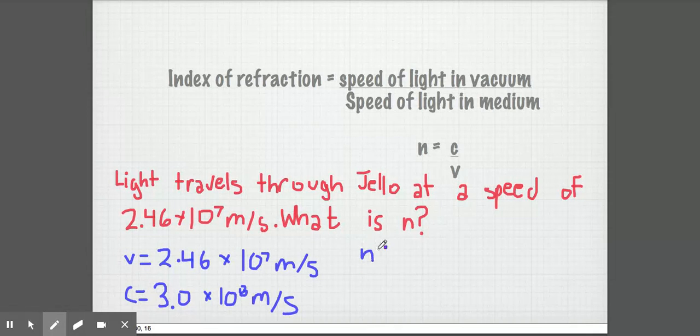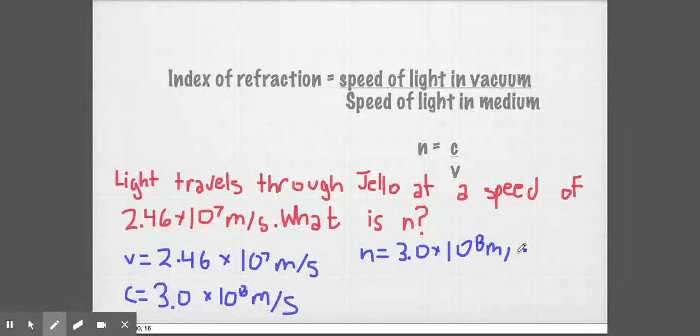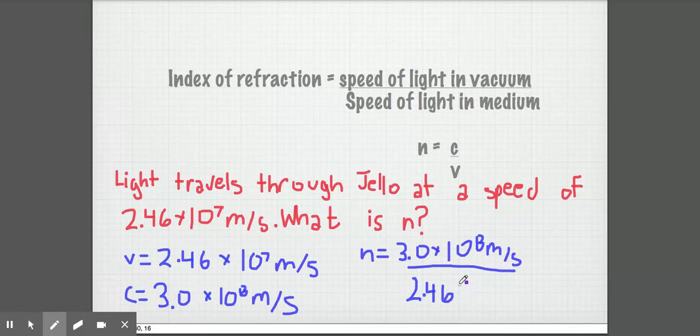N is going to be equal to C, which is 3.0 times 10 to the 8 meters per second, divided by V, which is 2.46 times 10 to the 7 meters per second.